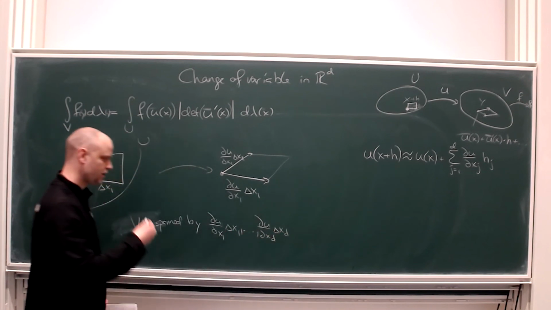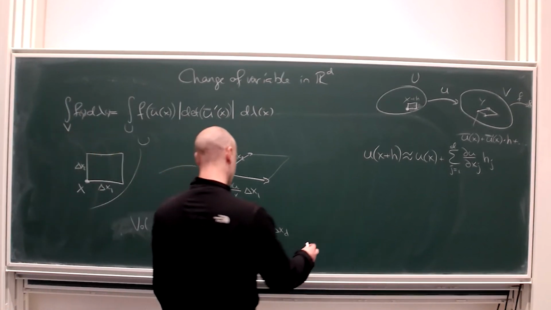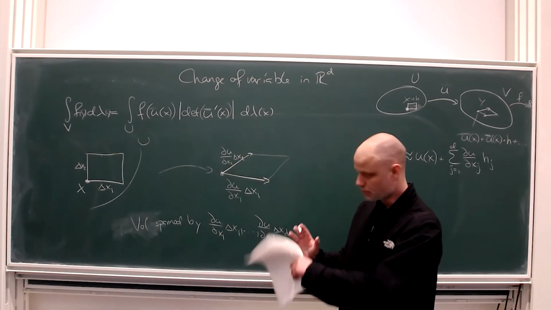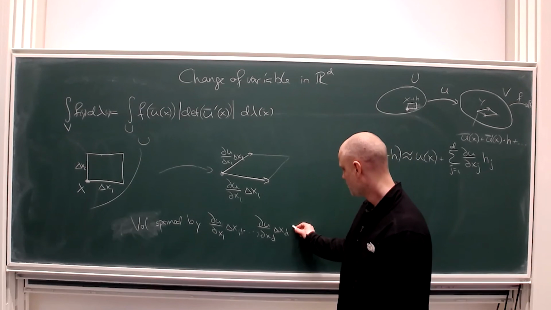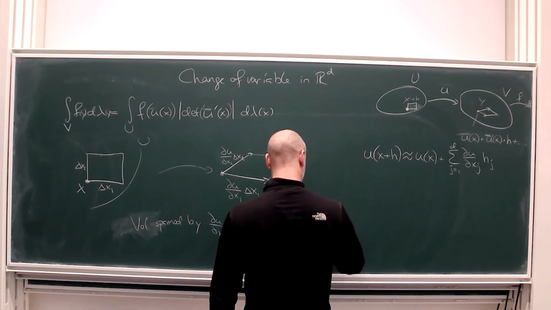So here I have d vectors, and they span some volume. So the Lebesgue measure of the corresponding parallelepiped, we know by now, is equal to the modulus of the determinant of the corresponding matrix.